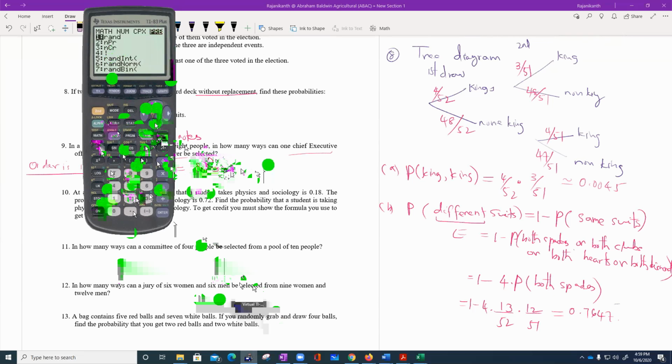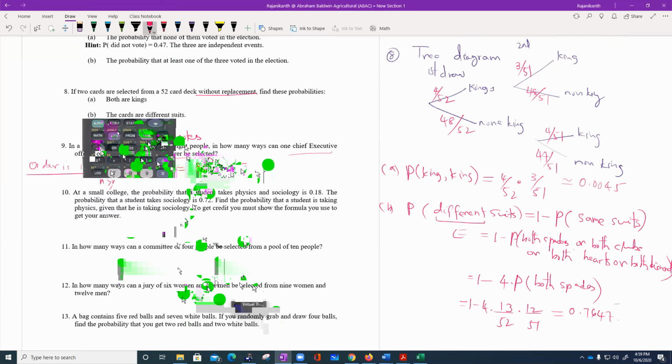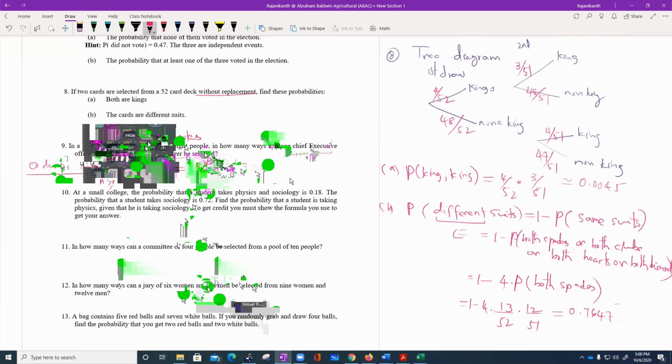Then choose the second one, nPr. Then enter. Then type the second number 3. Then enter. There are 336 ways you could choose 3 different titles from those 8 people. So this is the answer.